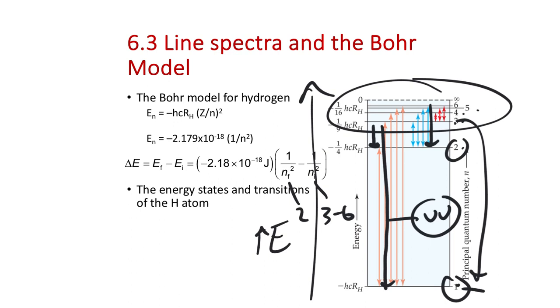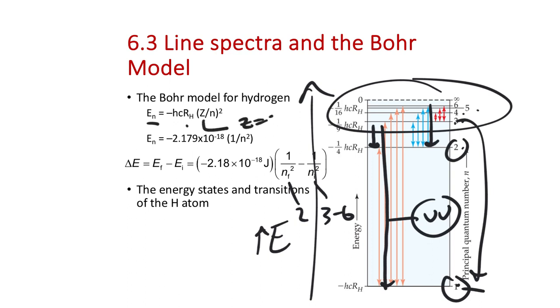And so anyways, an equation emerged that was the energy as a function of n for the H atom. It was negative hc times that same Rydberg constant, which I don't think is numerically a number worth even knowing. It's just a constant that's known for hydrogen, and then Z divided by n, where Z is the nuclear charge of the atom.